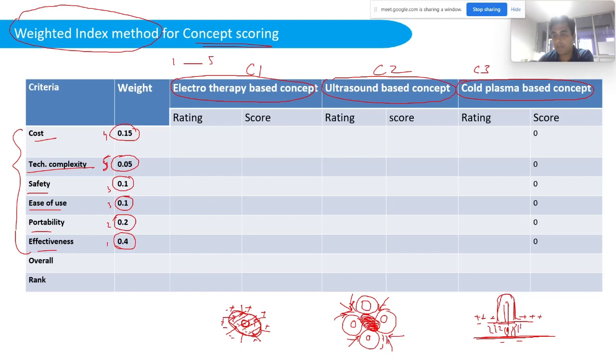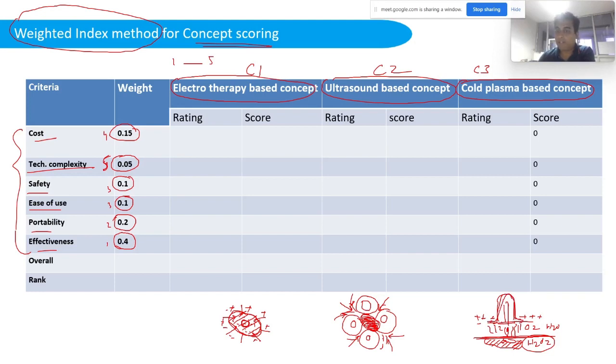Because of that plasma, the oxygen and water molecules break down and form hydrogen peroxide, H2O2. Hydrogen peroxide has antimicrobial action, and this helps in faster healing of infectious wounds. So this is again a proven technology.